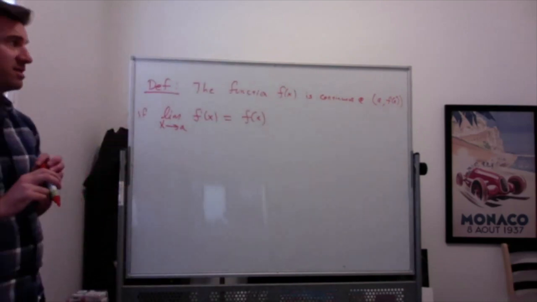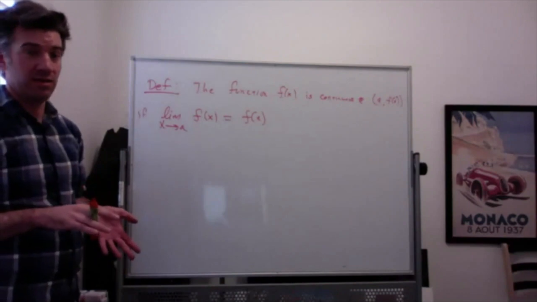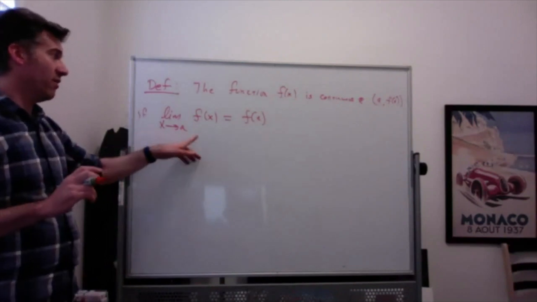So the function f of x is continuous at the point a comma f of a if the limit as x approaches a of f of x is equal to f of a.